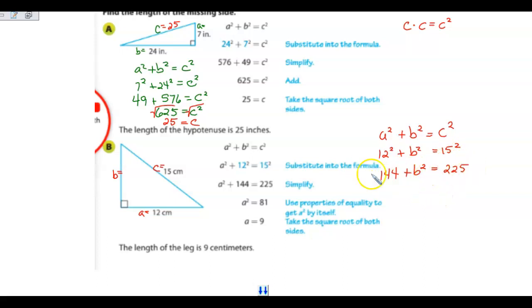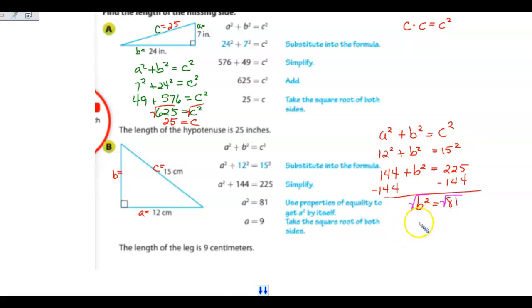And now simply get the b squared by itself. I'll subtract 144 from both sides. And then b squared is going to equal 81. Again, I'm looking for b, not b squared. So I'm going to square root to find b.